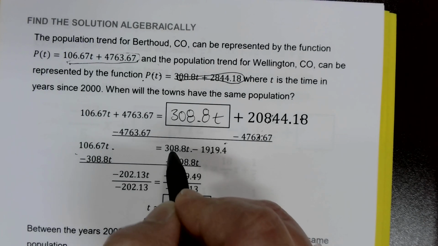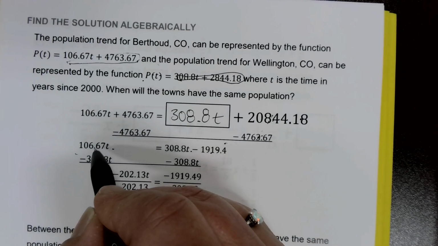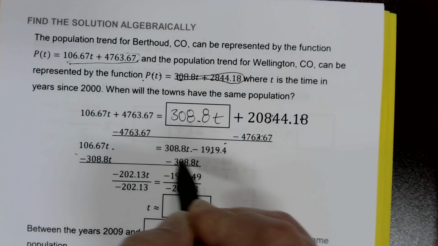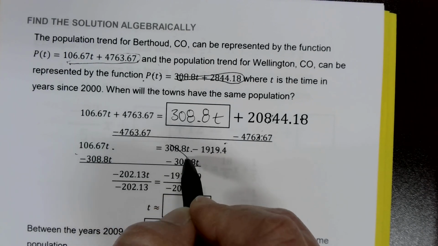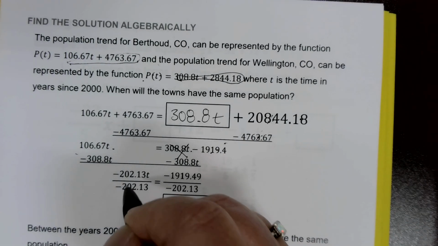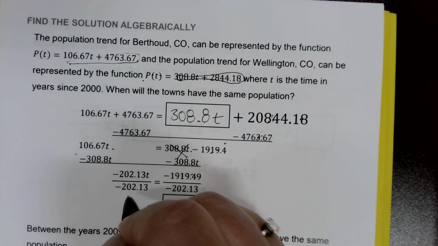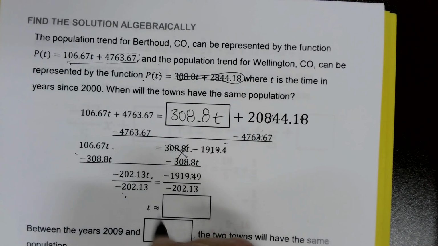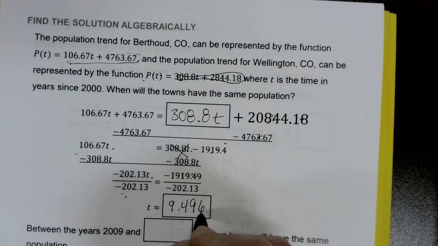Then if I move this T over there, I wind up with this. When I subtract it from both sides, it's okay if it makes negative, don't flip out. When I divide both sides by this constant in front of T, I'm going to wind up with T equaling 9.496.